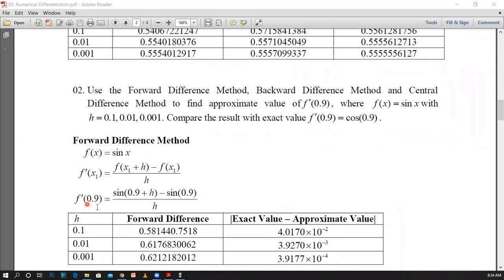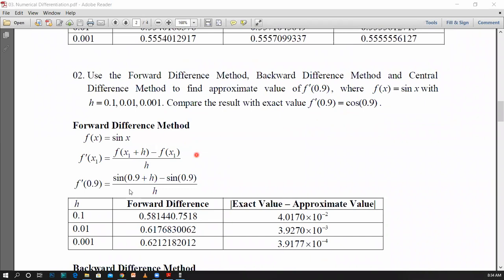Then this is equal to sin(0.9 + h) minus sin(0.9), divided by h. And then we have to obtain the values using the forward differencing technique for the given values of h.